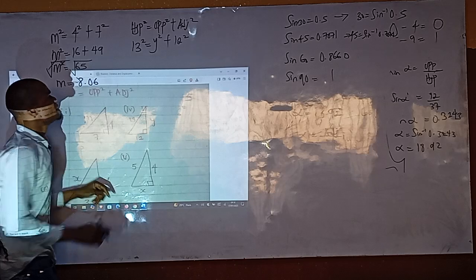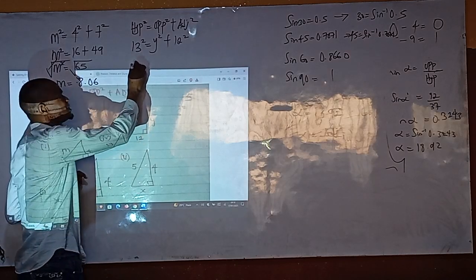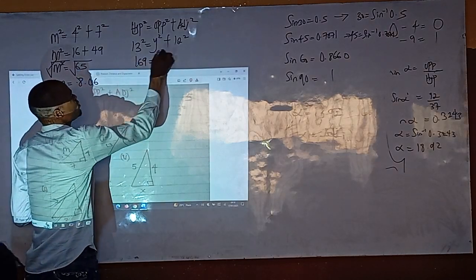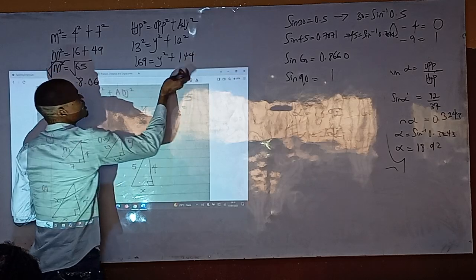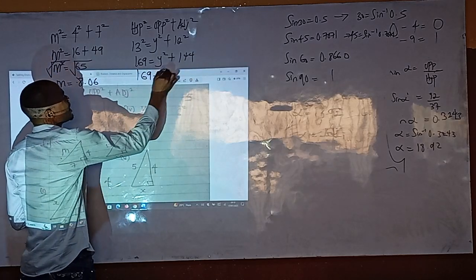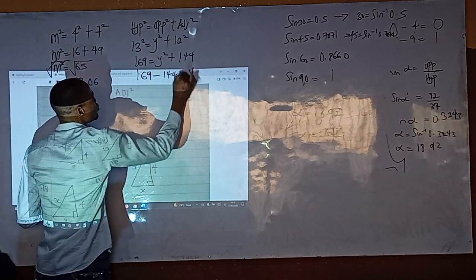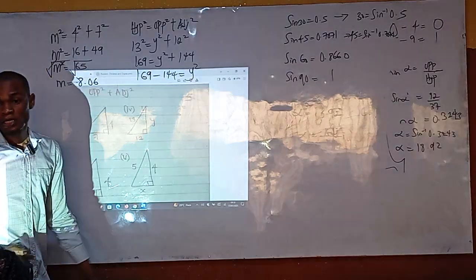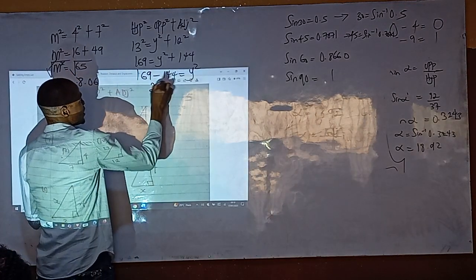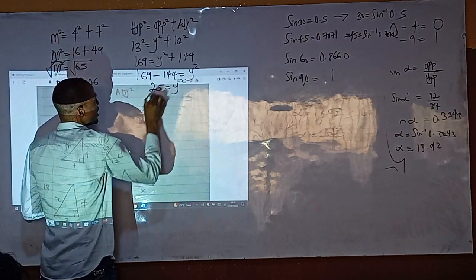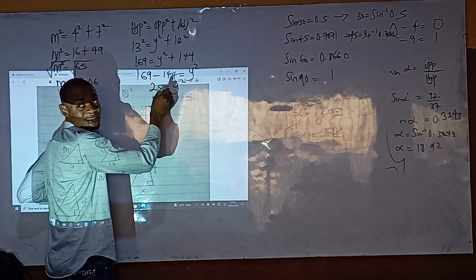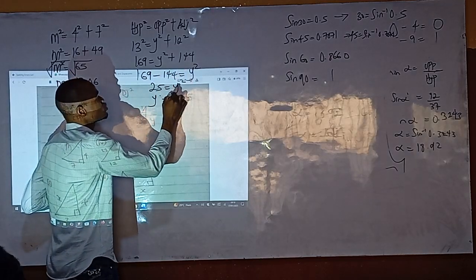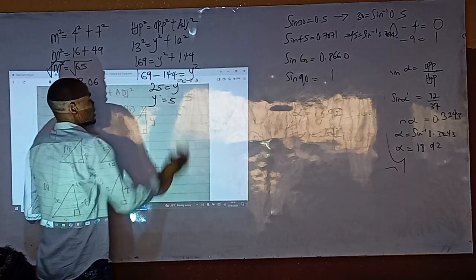Now 13 squared is what? 169. Y squared plus 144. Take this to the other side. 169 minus 144 equals y squared. That's 25, right? 25 equals y squared. You take the square root of both sides, right? The square root of 25 is what? 5.